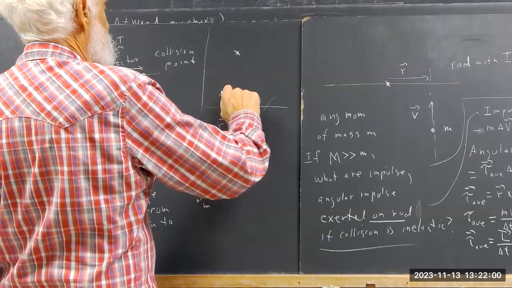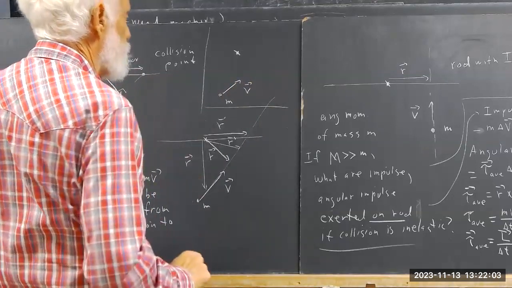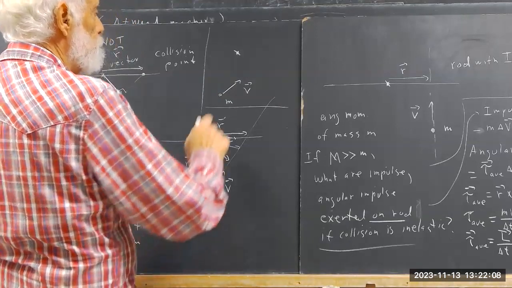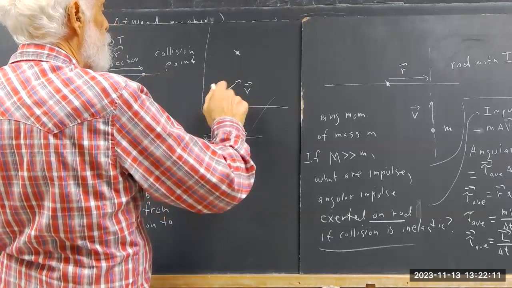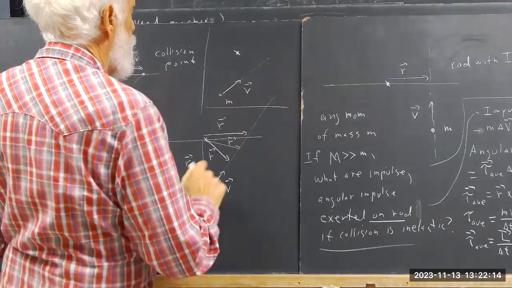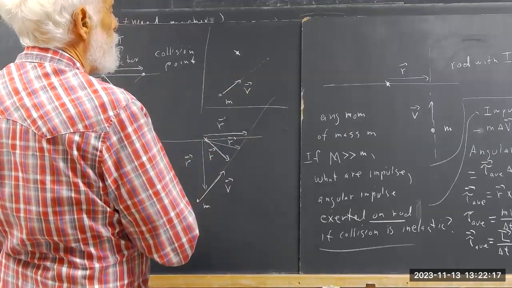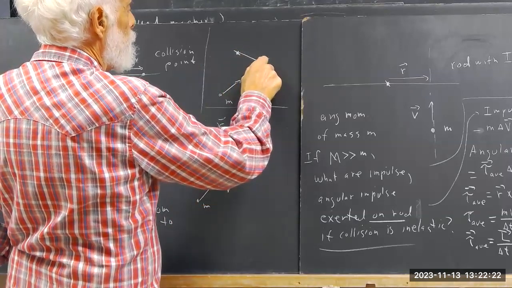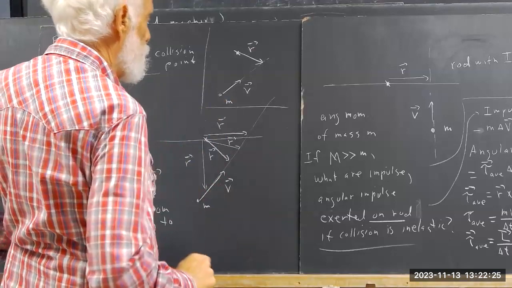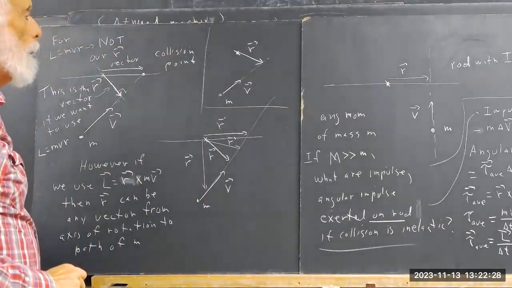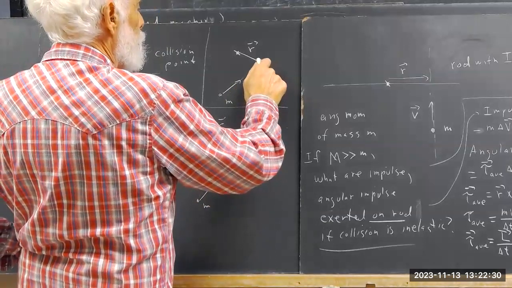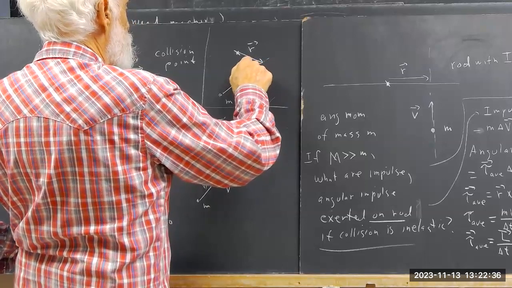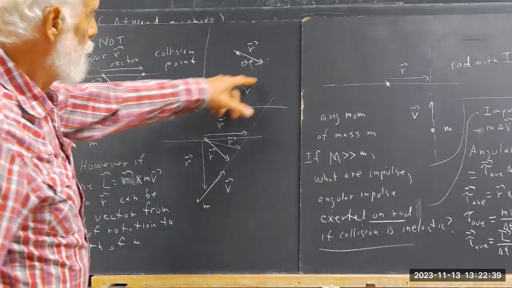Here's M. Here's V. Any R vector is going to make some angle theta with the D vector.